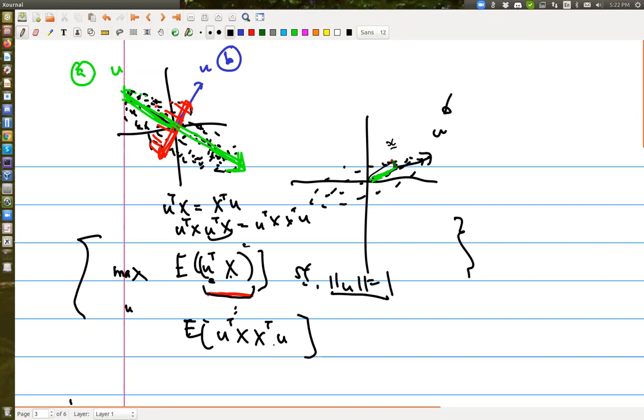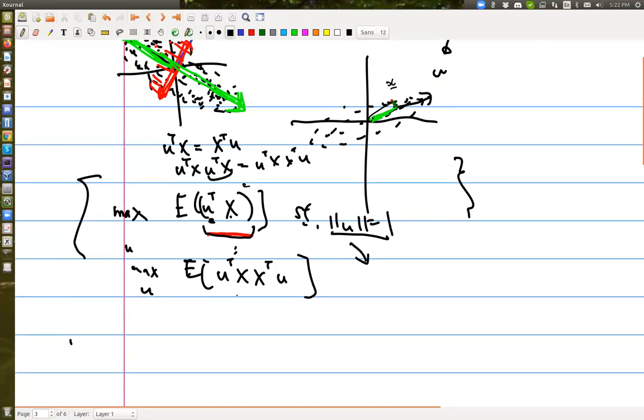Then I maximize over u with the same constraint. Now only x are random variables, and u is not a random variable. So I can move the expectation inside, because u does not depend on x. U is just a constant with respect to x.